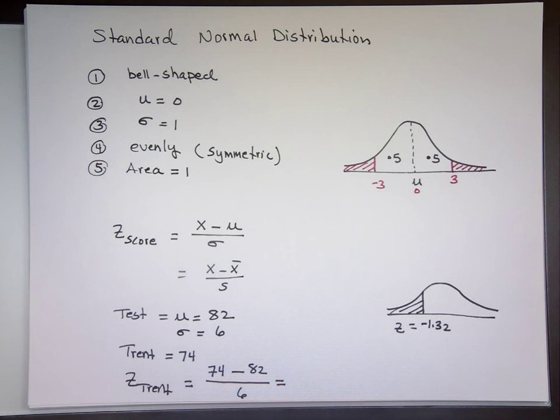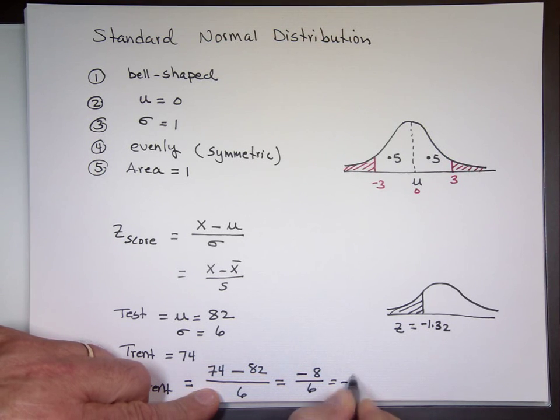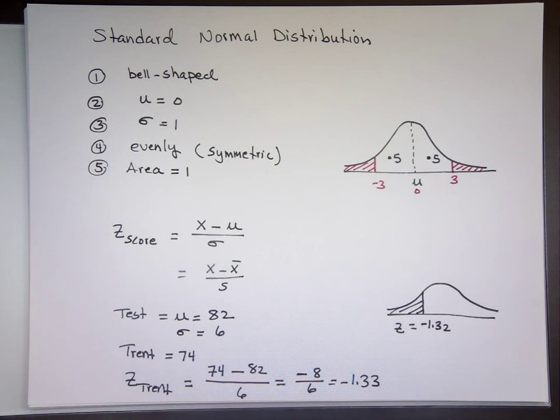Negative 8, yeah. Negative 8 over 6 is negative 1.33. The z-score is always rounded to 2 decimal places, always. So Trent is actually negative 1.33, which is 1.33 standard deviations to the left of the average, below the average.